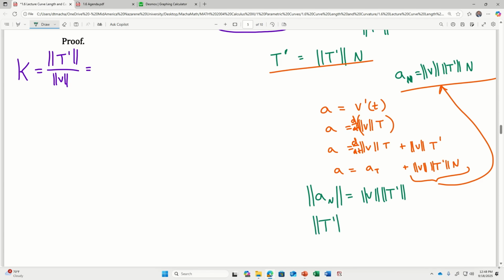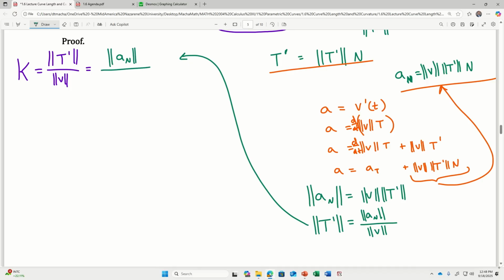And then I've got this. Okay. Now I feel better. Where I have the norm of T prime, I'm going to replace that with the norm of the normal component of acceleration, divided by the speed squared.